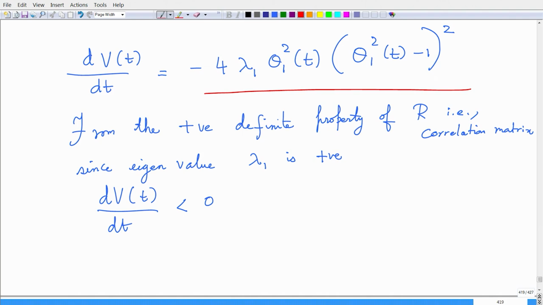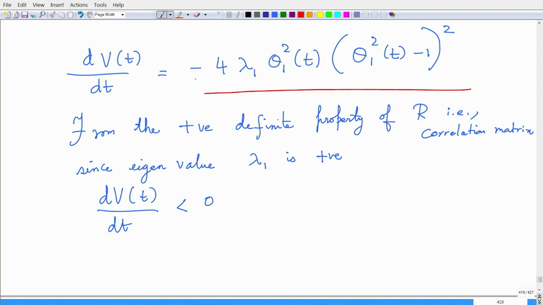Now, our data correlation matrix R has the positive definite property, which means the eigenvalue lambda 1, because lambda 1 is interesting to us here, is positive. We do not care about the other eigen components, because all those principal modes except the first mode dive to 0. Therefore, dV by dt is less than 0. So you look at this equation here for dV by dt.